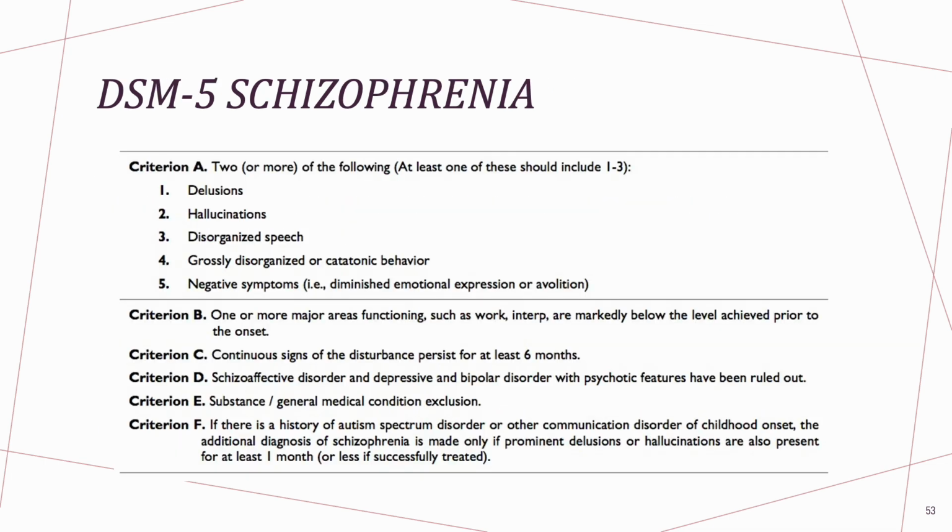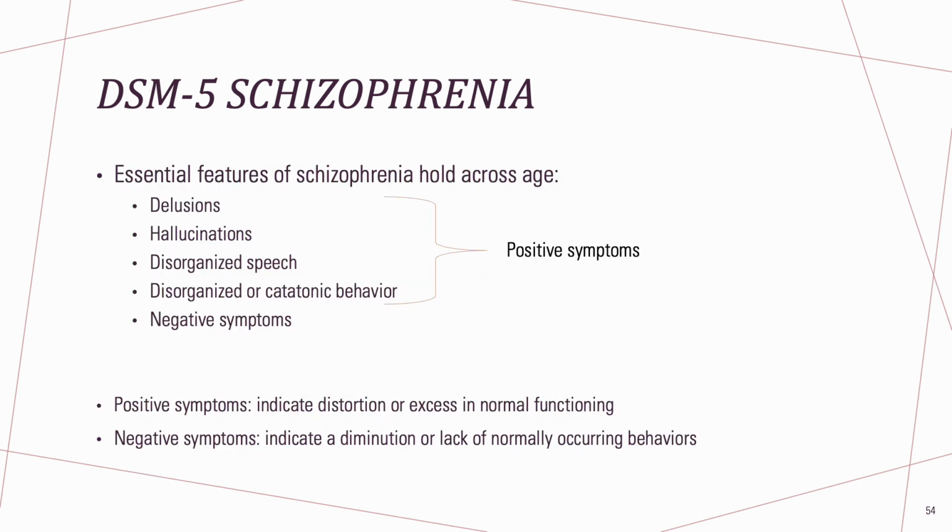Here are the diagnostic criteria for schizophrenia. We have criterion A, where you need at least two or more of the following, and then we have criteria B through F. The essential features that we said earlier hold across age, which just means that they're present for both youth and adults, refer to the core symptoms outlined in criterion A of the DSM for schizophrenia.